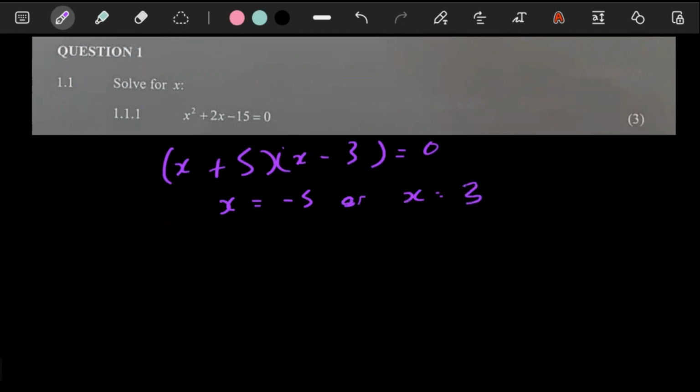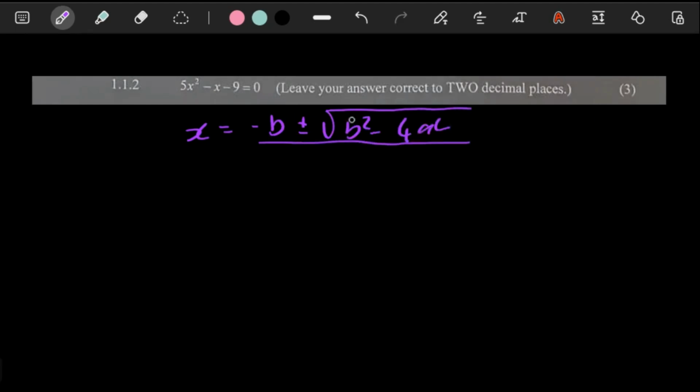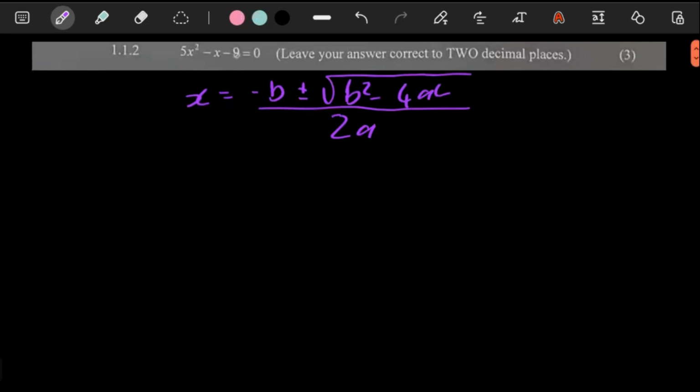Moving on, it says here, leave your answer correct to two decimal places. Normally in a situation like this, they definitely want you to use the quadratic formula. In the quadratic formula, we know that our b value is -1, and then our c value is a negative.